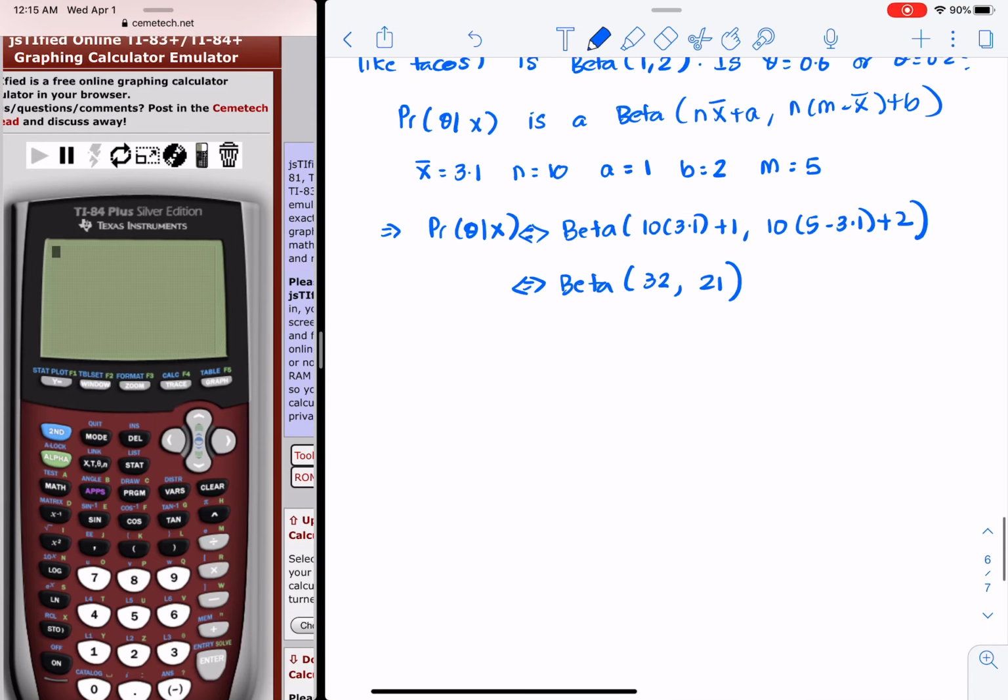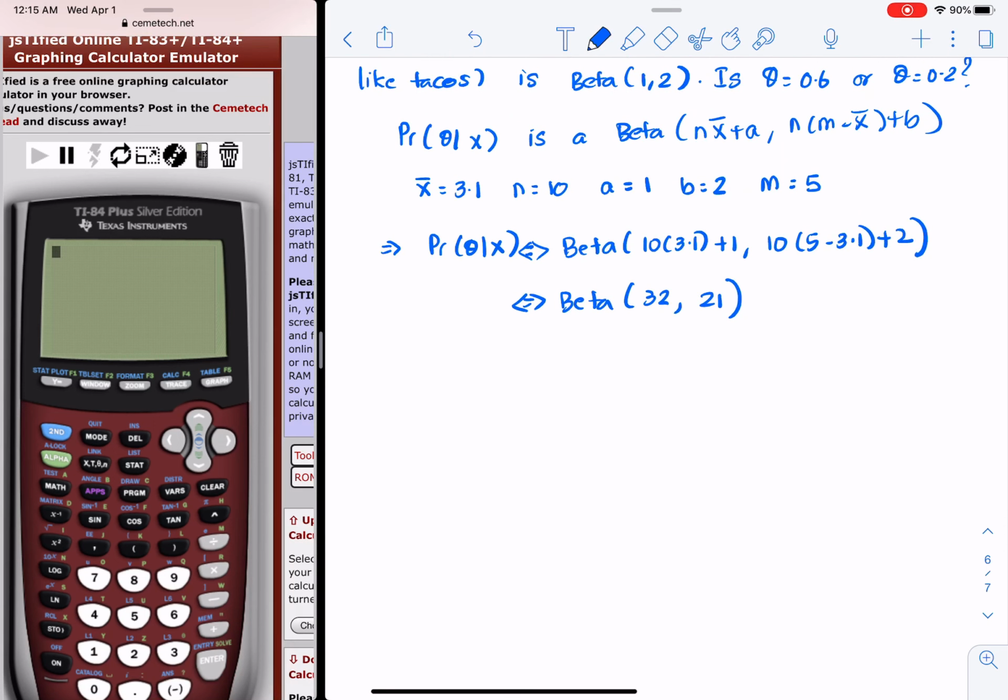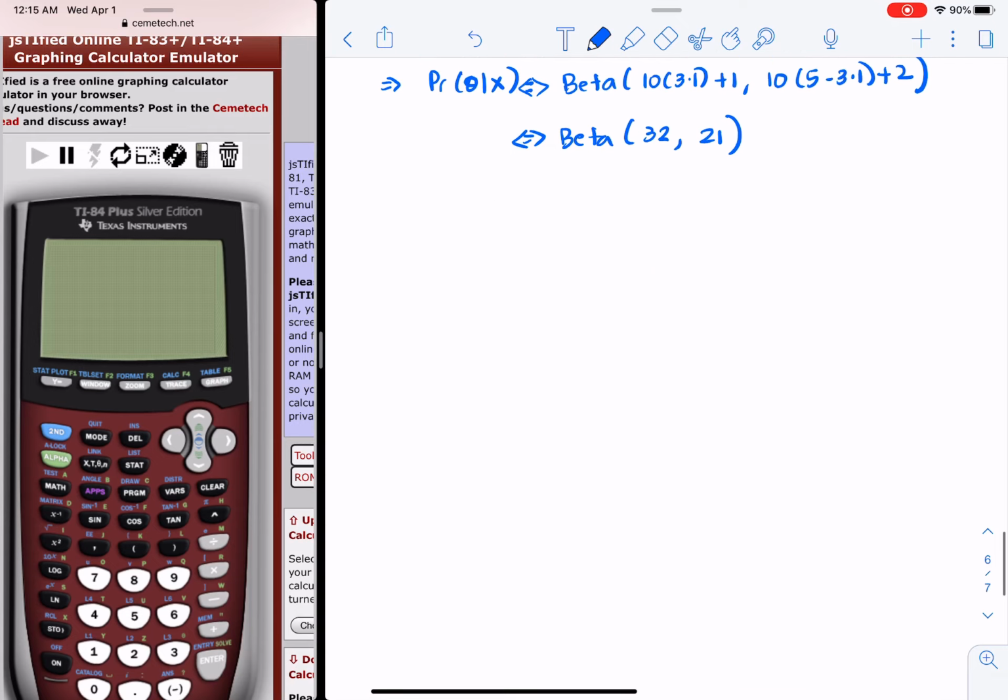So how do we find the probability here? We know that the density here is beta, and we know beta is proportional to theta raised a minus 1 and 1 minus theta raised b minus 1.